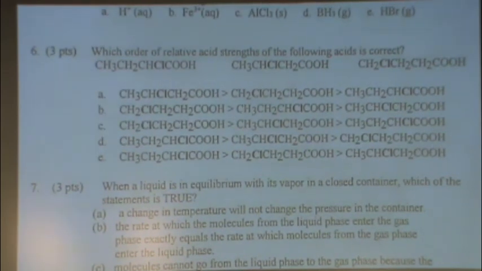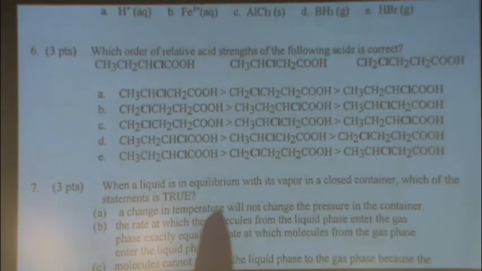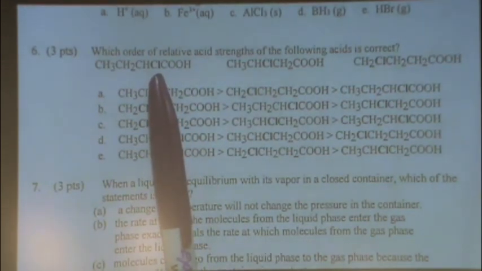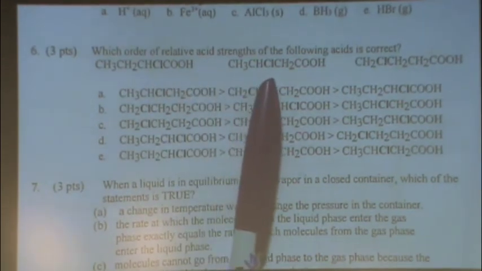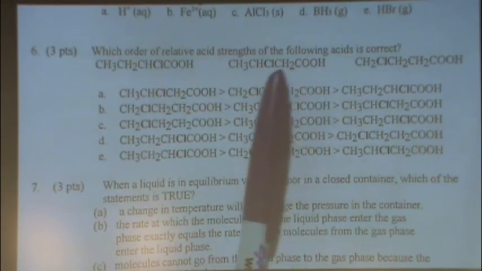Okay. Relative acid strength. So this is like Sesame Street: what is not like the other one? So you need to compare and contrast. Notice that the only difference, I think, is the location of the Cl. And I think we even bolded it just to make sure you can find it. Okay? You see that?